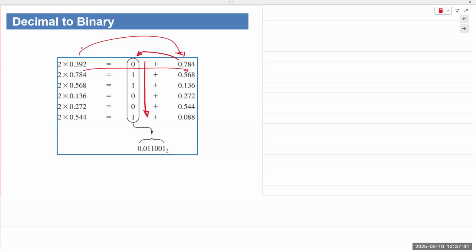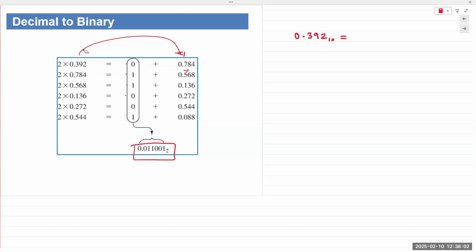So if you wanted 3 or 4 decimal places, we'd go 1, 2, 3, 4. Here we are showing an example of 6 decimal places. So we want to go from 0.392 to binary. First step is to multiply by 2.